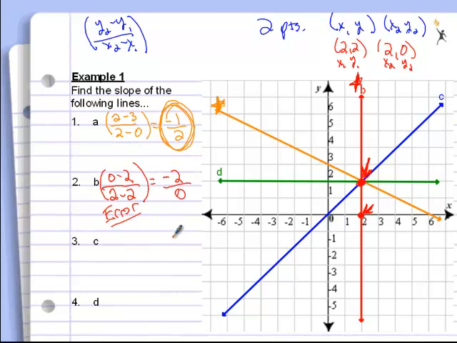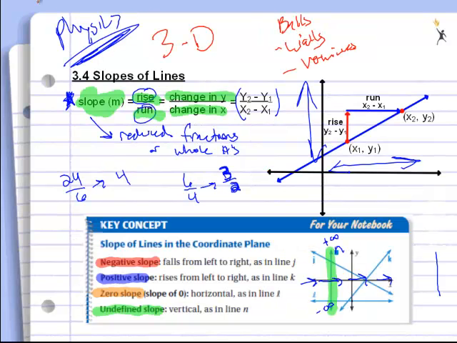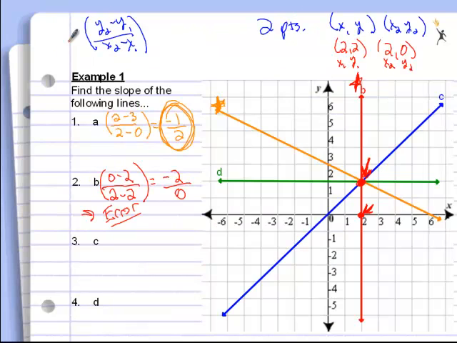Why are we getting an error, you say? Because we are trying to find the slope, or the amount this line increases over time. The problem is that this line increases so fast that your calculator cannot find it. What kind of slope is that? Well, that is an undefined slope. So, when we're asked the slope of a vertical line like letter B, we cannot write negative 2 divided by 0.